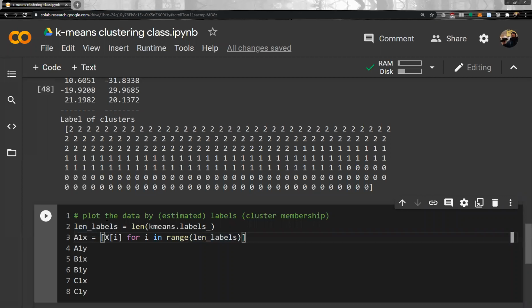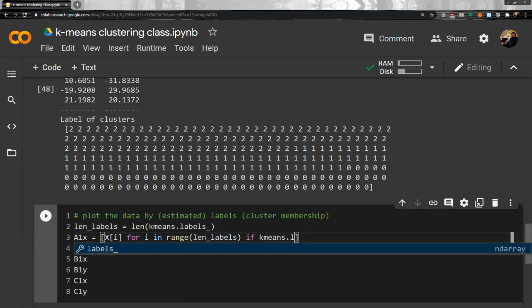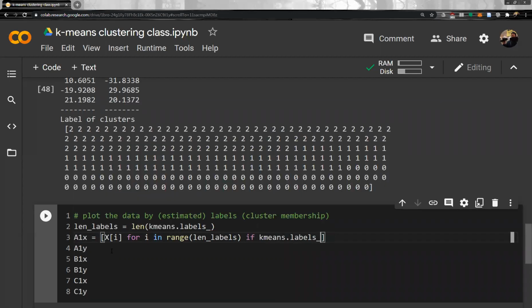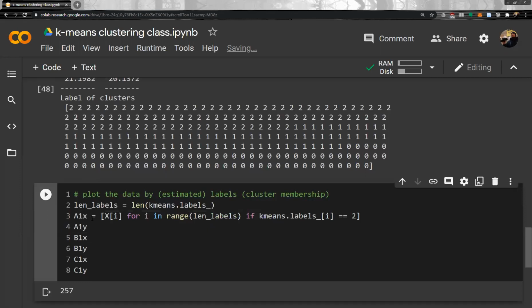And if kmeans.labels_[i] equals 2, then it is the x-axis.